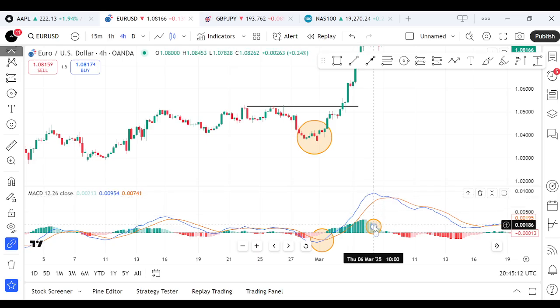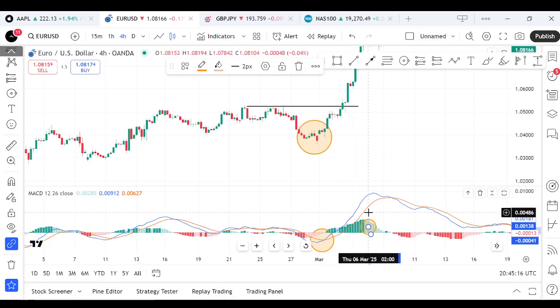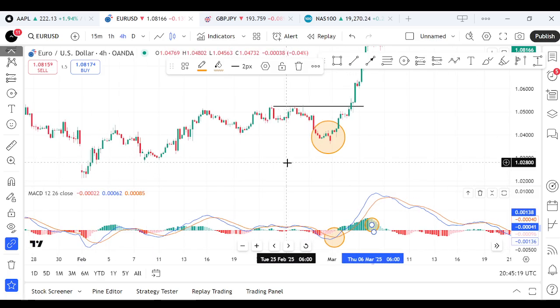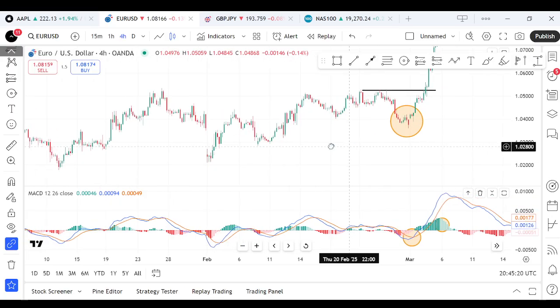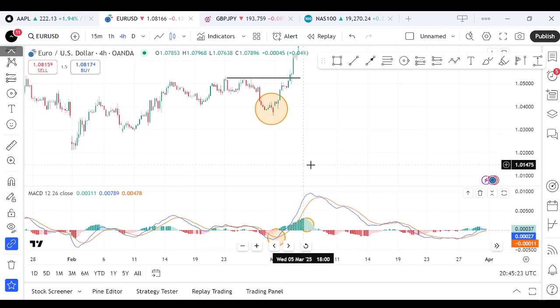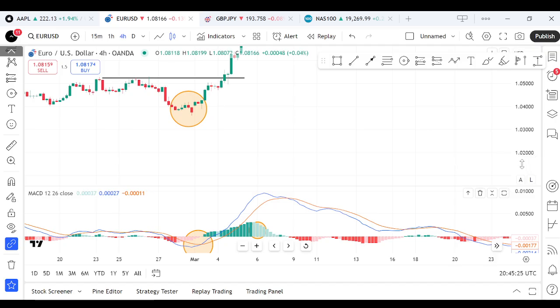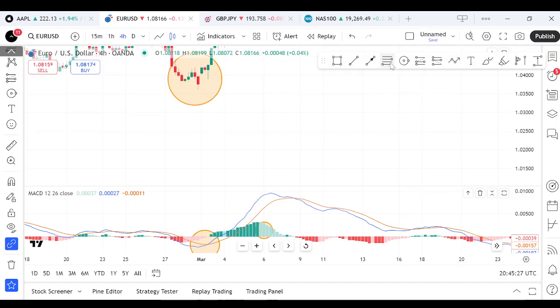And the third confirmation is your histogram confirmation. Your histogram bars should be increasing, showing increased momentum. It could be increased bullish or bearish momentum. For bearish bars, you can see here that we have reduced bearish momentum.